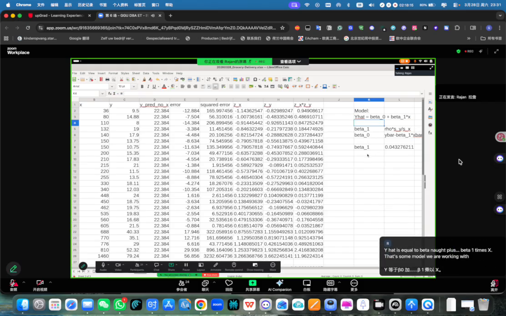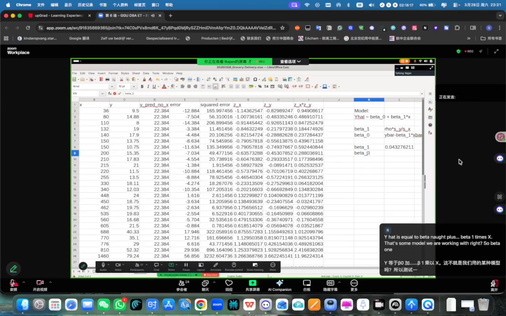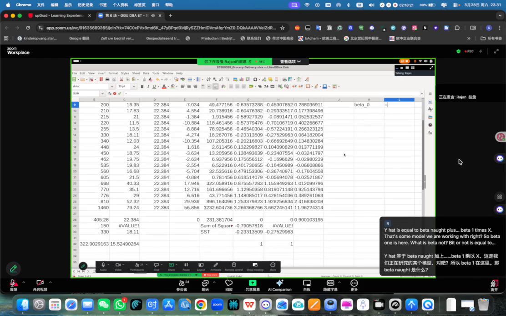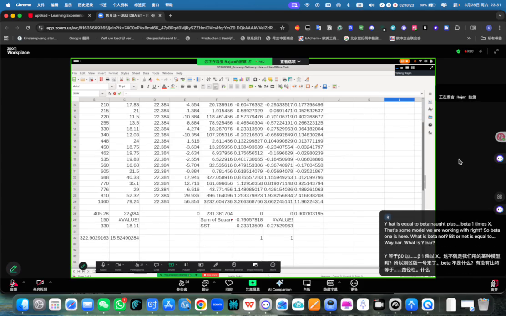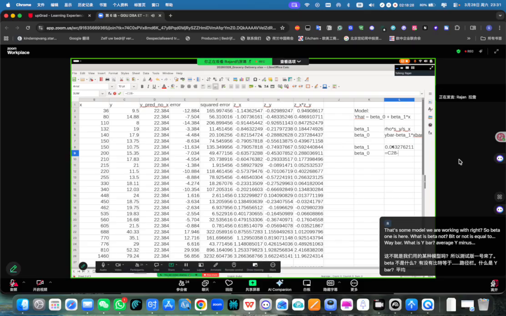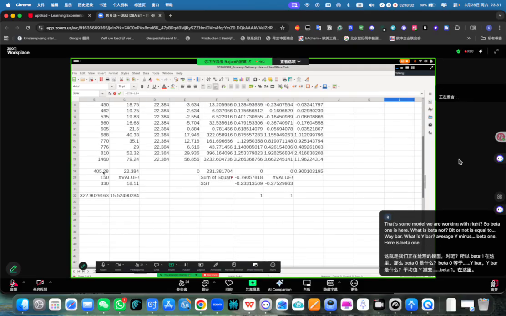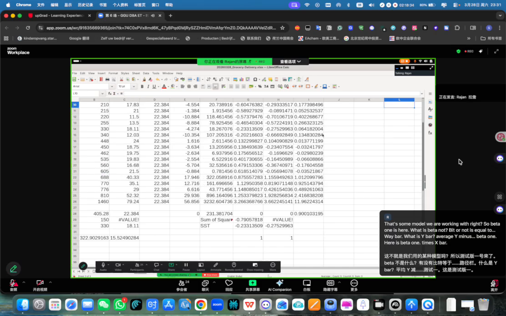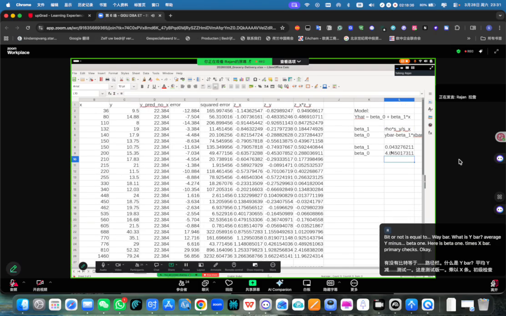So beta 1 is here. What is beta naught? Beta naught is equal to y bar, the average y, minus beta 1 times x bar, the average x. Okay, so this is what we have.